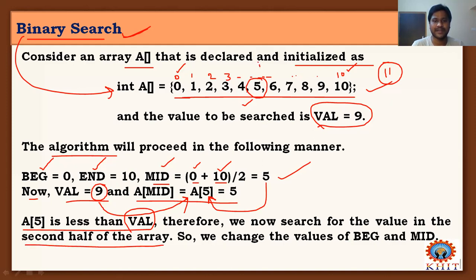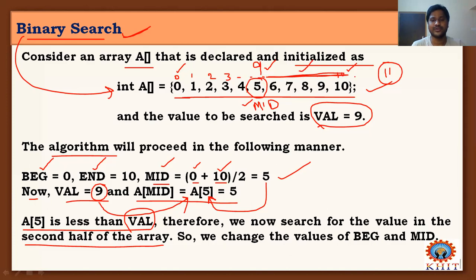So when we compare the 9 element with this 5, 9 is not matched, and we go for another comparison. When compared with this mid position element, which is 5, 5 is smaller than 9, so 9 should always be in the right part, the second half of the array.